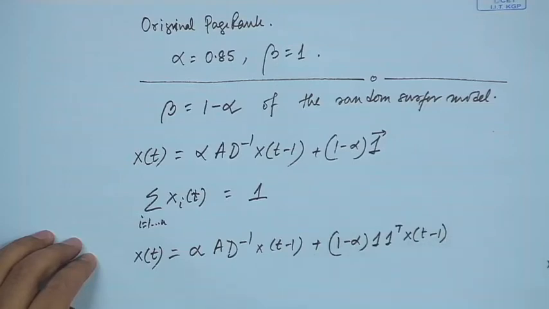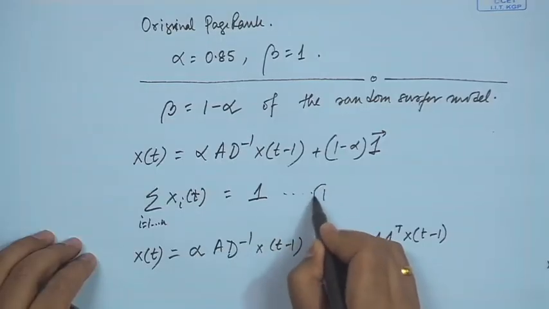Note that 1 transpose x t minus 1 is nothing but 1, because you are multiplying a vector of all ones with the entries of the x t minus 1 vector. The x t minus 1 vector has the node popularity values for each of the individual nodes. If you multiply these values with the vector of all ones, it will be the sum of all these xt values for each individual node, and this sum, as we have seen, is equal to 1. Let us call this equation 1.